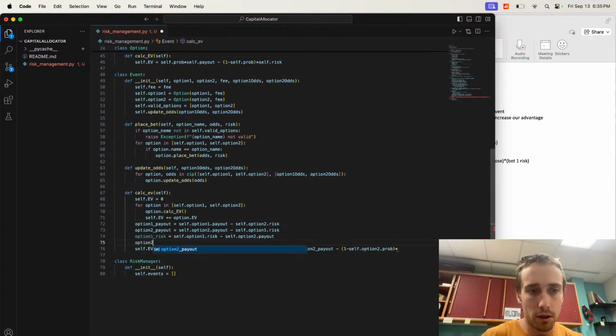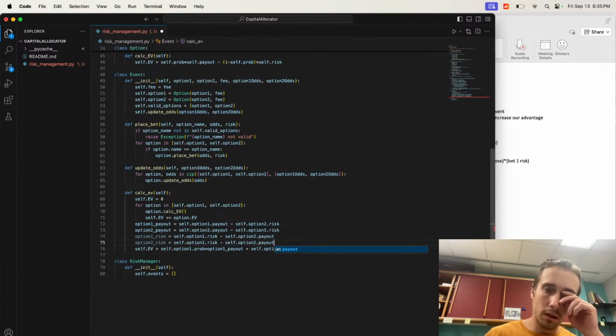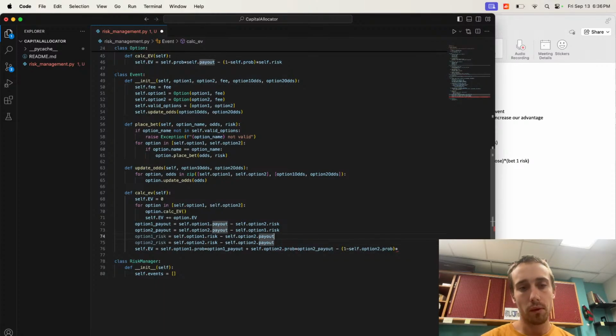And then option 2 risk is equal to self dot option 2 dot risk minus self dot option 2 dot payout. Okay, so if we're only betting on option 2, then option 1 payout is a negative.